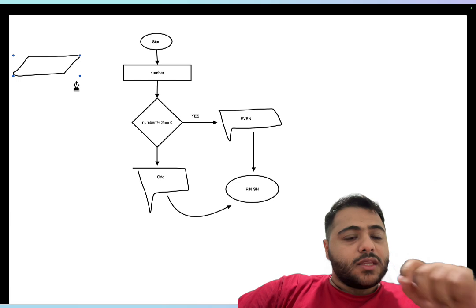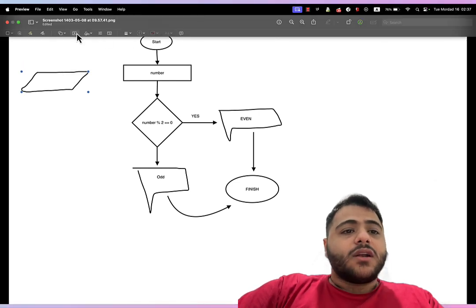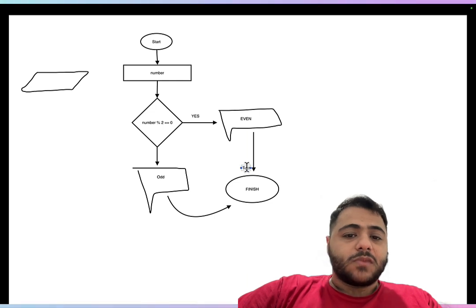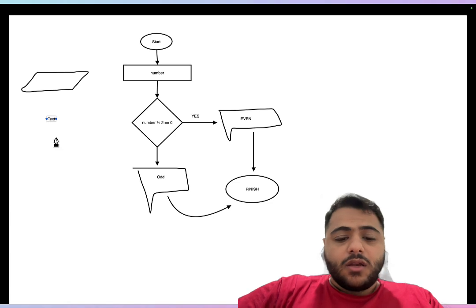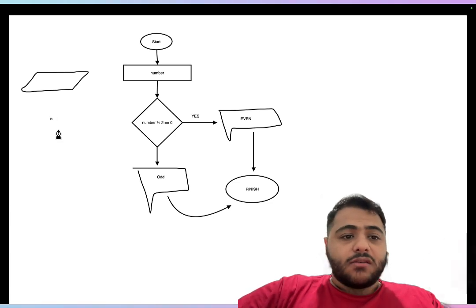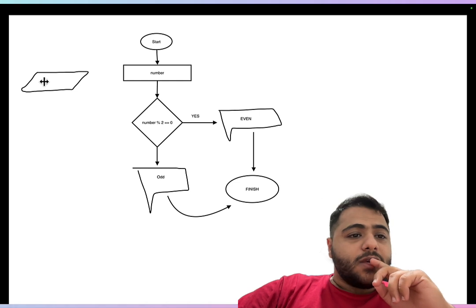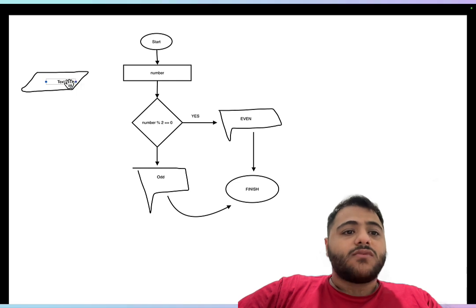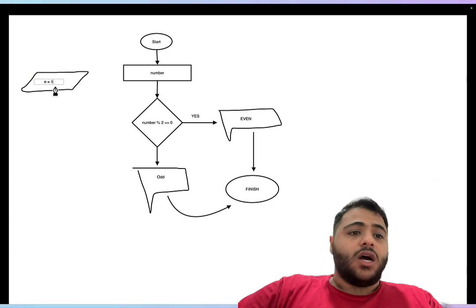It did not get it, it doesn't matter. And we're gonna write something like a helper variable. I'm gonna call it n. It's gonna represent a number. So at the beginning, the number must be equal to 1, because we're gonna start from 1 and go all the way to 100.